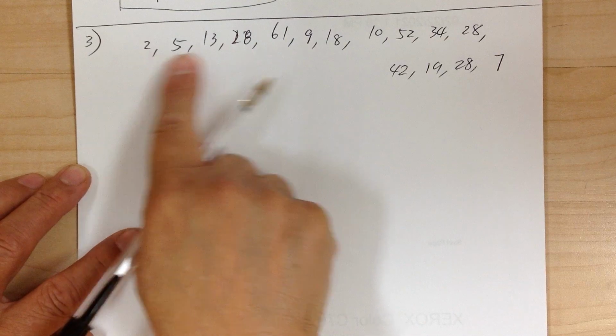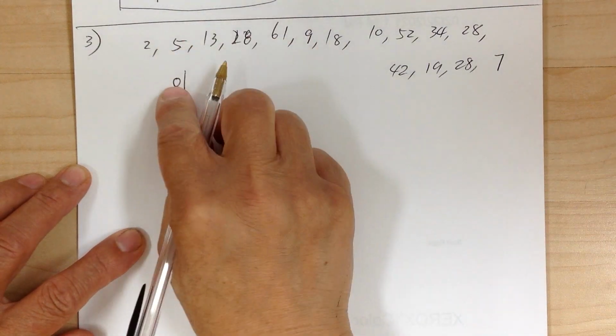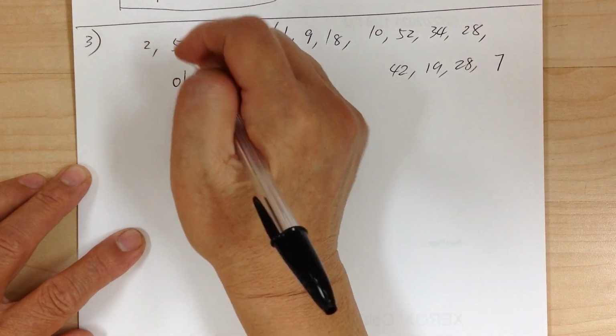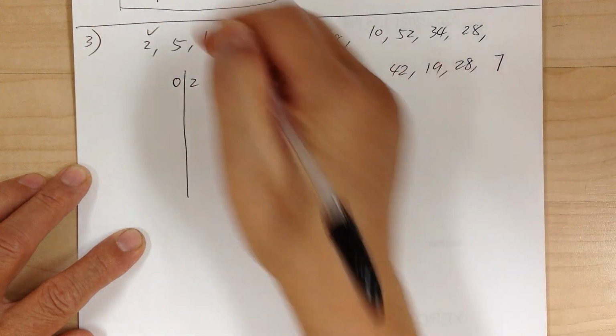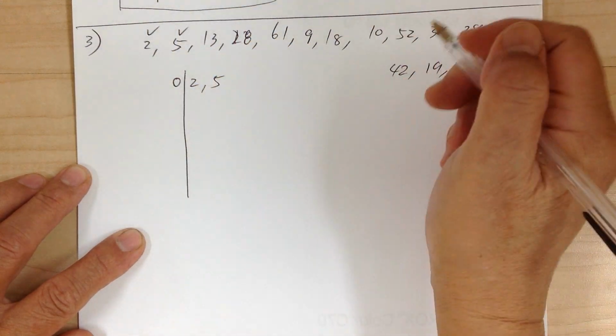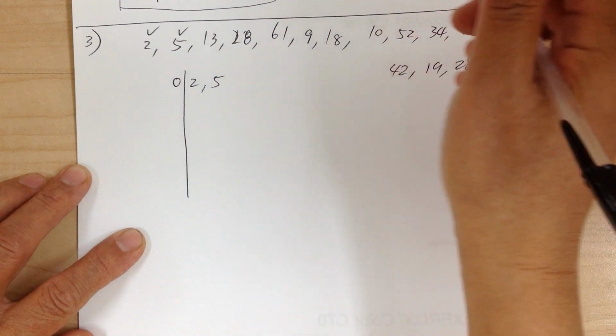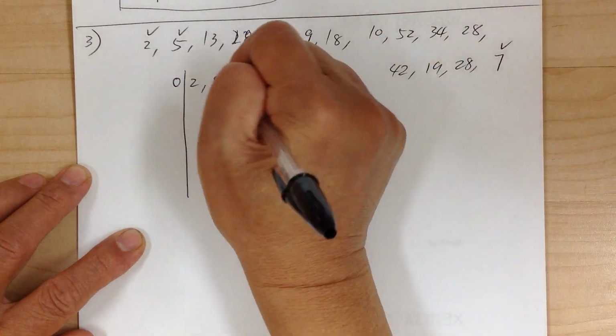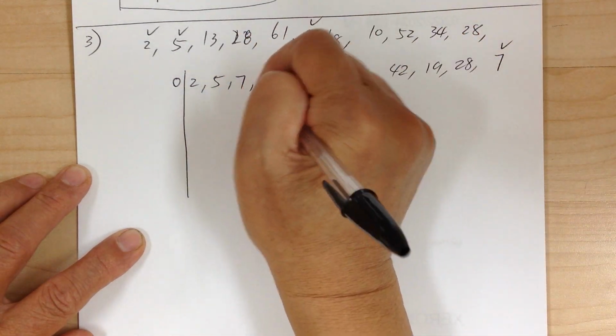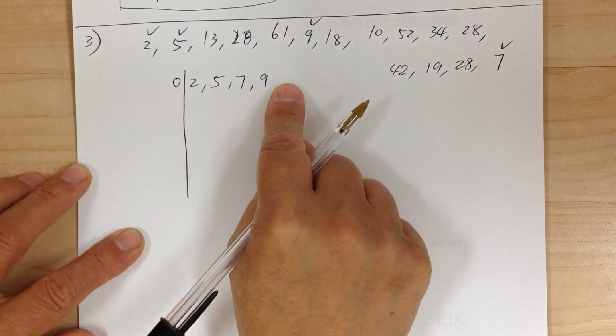There are single digits, so the tens digit would be 0. You get 0 and 2, 0 and 5, 0 and 7, and 9. You have to do this in order. Those are the single digits.